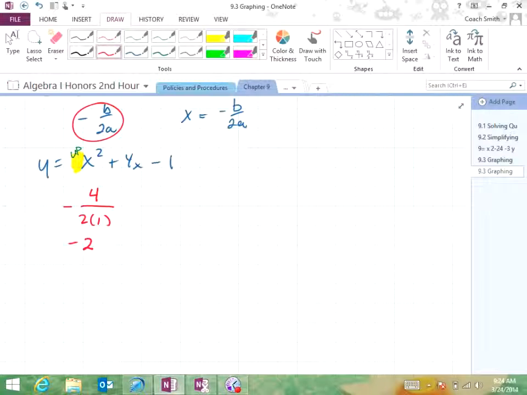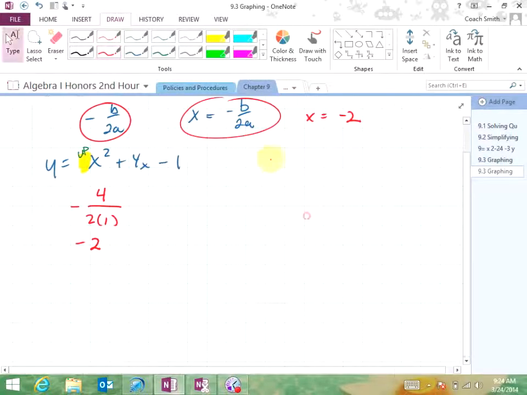To do that, what do we have to do? Plug it into the equation. Okay, because this is the next thing, x equal negative 2. Okay, now that we found it, we plug that in, y equals negative 2 squared plus 4 times 2 minus 1.